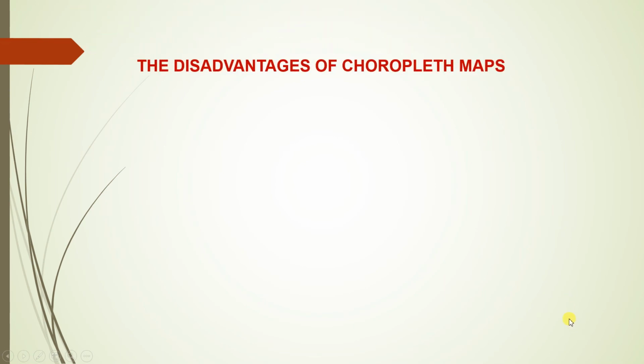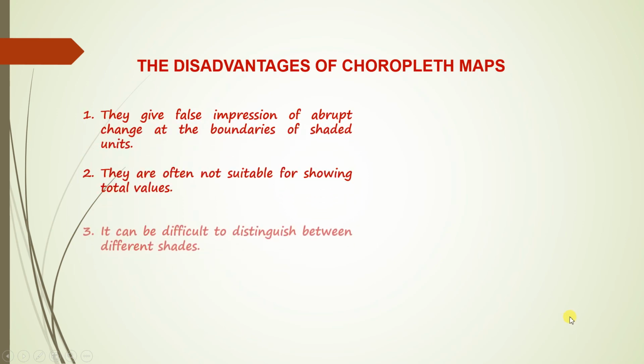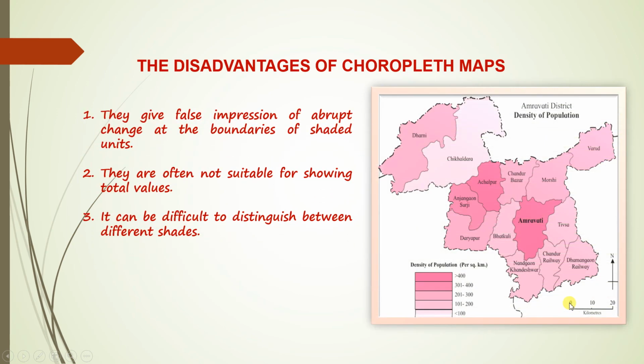Then the choropleth map also has some disadvantages. They give false impression of abrupt change at the boundaries of shaded units. Here, this is one taluka, this is another taluka.